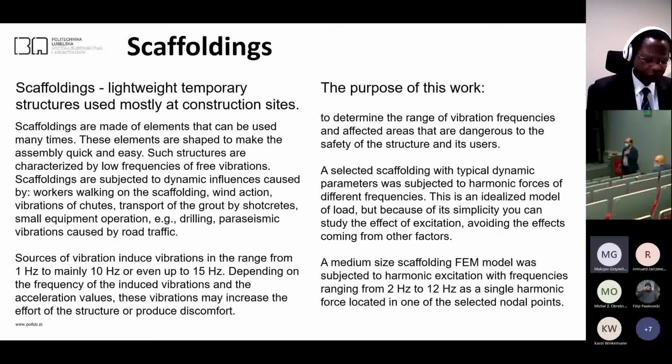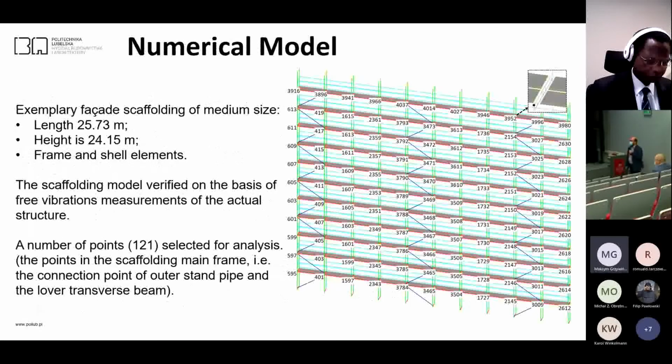So we have applied just a single sinusoidal force acting on the scaffolding at selected points. We have applied this force, changing in time, at one point to the medium-sized scaffolding. So far, we have many finite element method models built already, and we are going to test it on other scaffoldings as well.